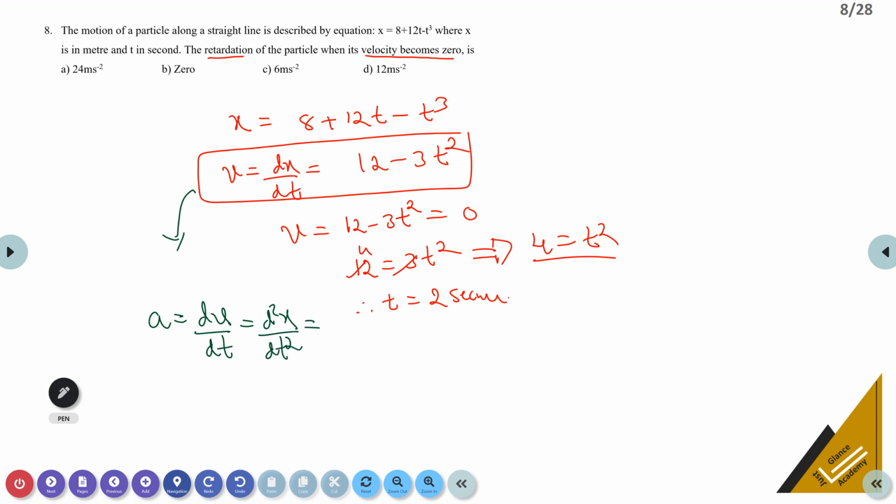The constant becomes 0 and this becomes minus 6 into t. The value of t here is 2 seconds, so acceleration equal to minus 6 into 2 equal to minus 12 meter per second square. Minus sign represents a retardation. This is the right choice.